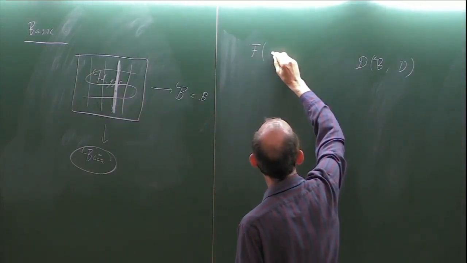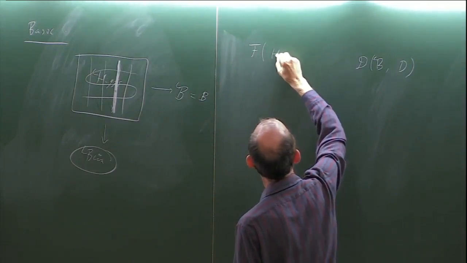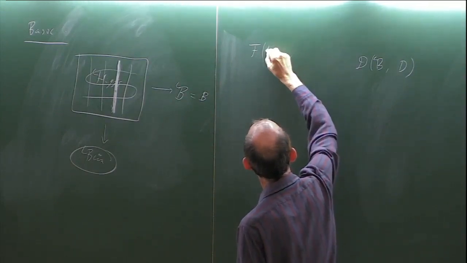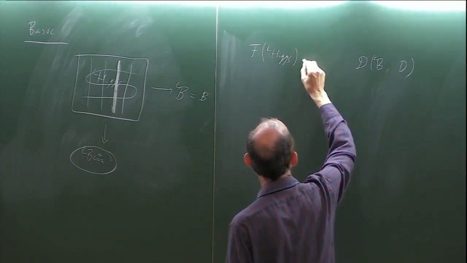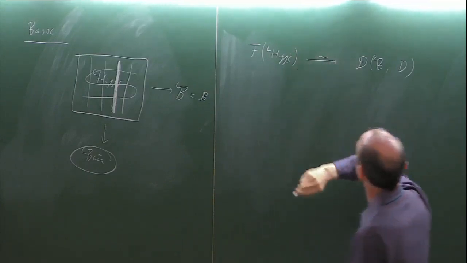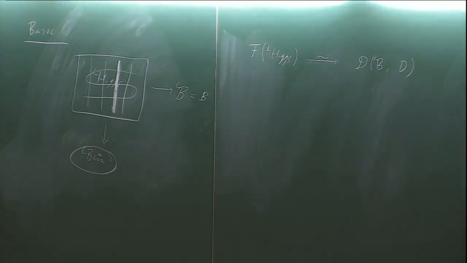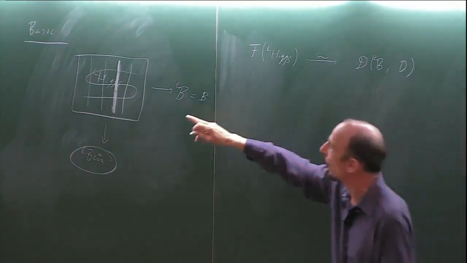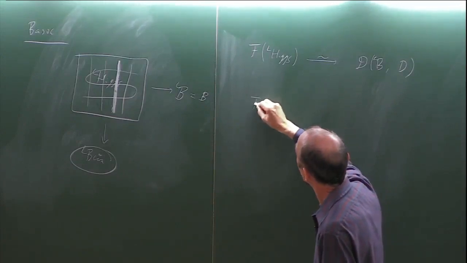The Fukaya category of Higgs for the Langlands dual group should map to the derived category of D-modules, basically by this construction.